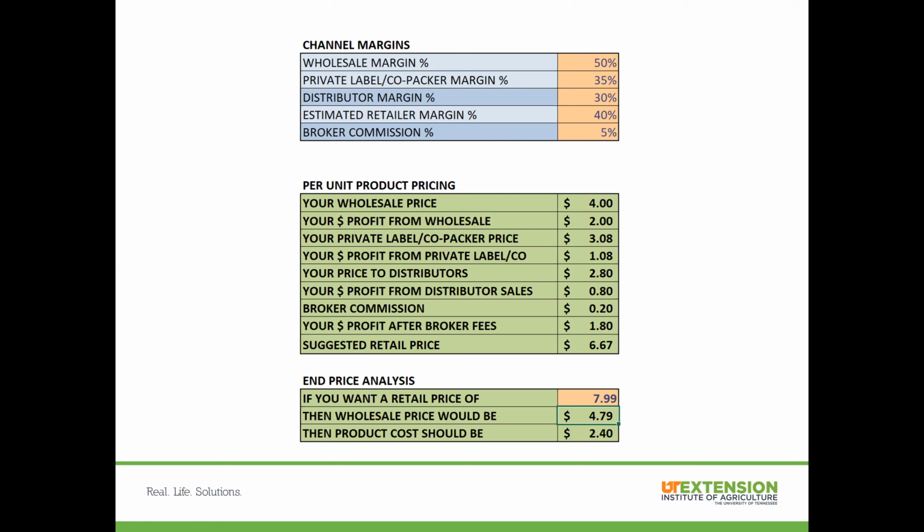So yeah, you do have to recognize, are you talking about a margin or a markup? So we're thinking in terms of a margin being what percentage of the price being charged do you want to keep? Or does a retailer want to keep of that price charged?